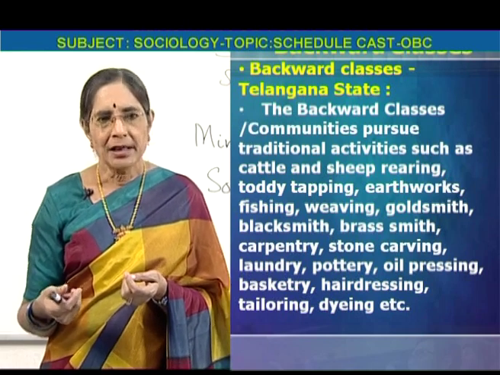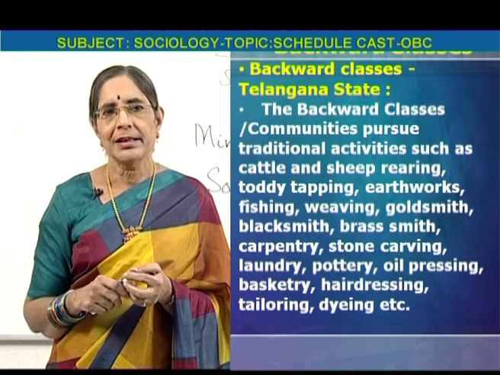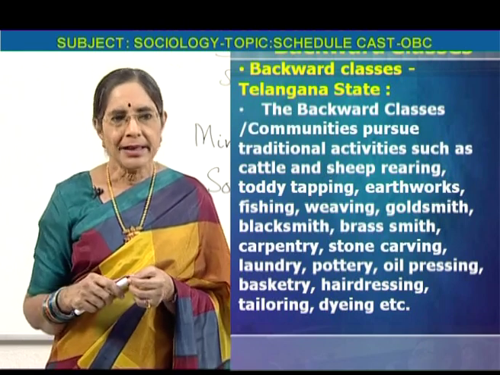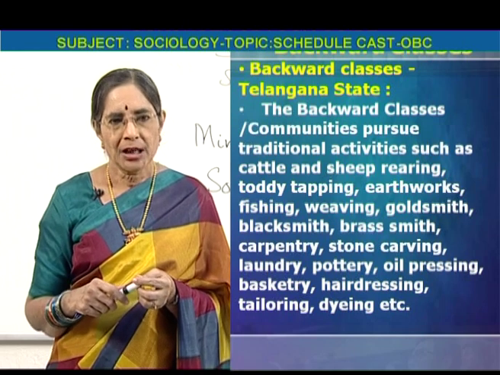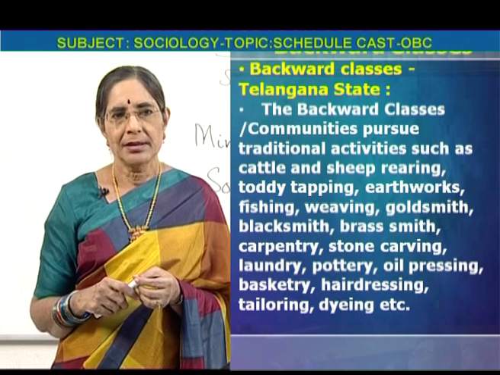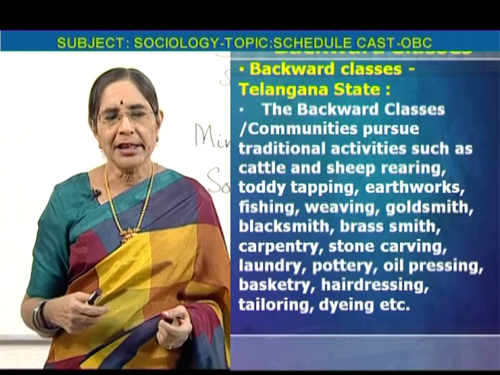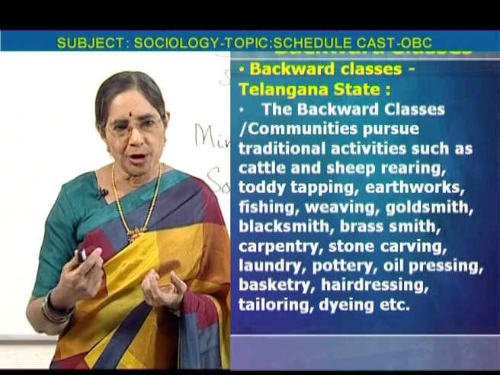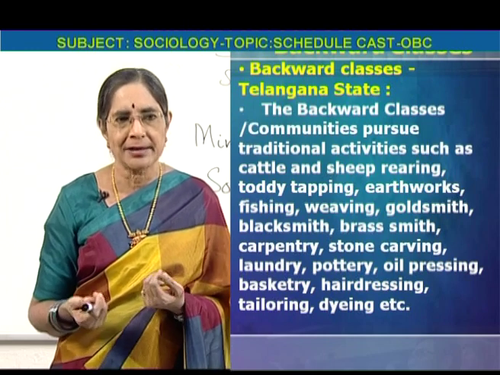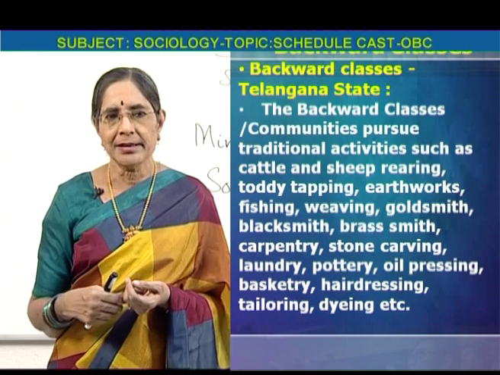Backward class communities pursue traditional activities, particularly cattle and sheep rearing, toddy tapping, earthworks, fishing, weaving, or goldsmithery and smithery activities like goldsmith, blacksmith, ironsmith, etc. Carpenters are there, they are also backward classes.